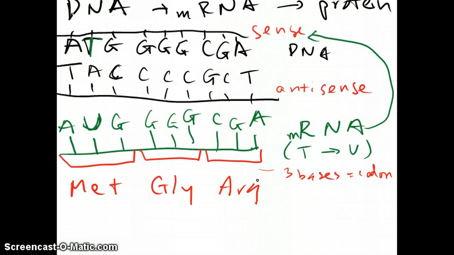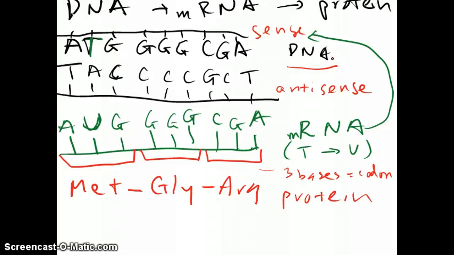So now you have the sequence of the protein: methionine going first, then glycine, and then arginine. Now you know how the protein is ordered, based on your original message inside the DNA.